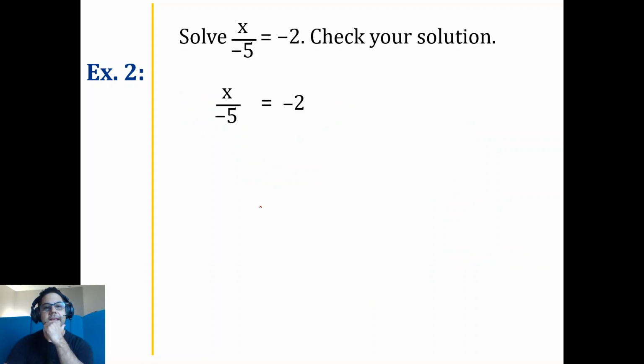All right, so for this one again, the division line, or the fraction line, means division. So I'm going to multiply by the reciprocal. So I'm going to put a little 1 here, with parentheses, both sides.